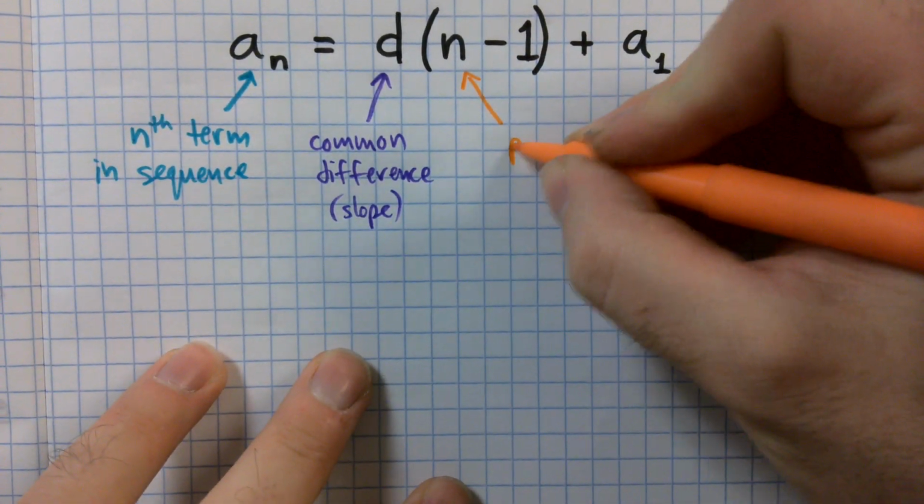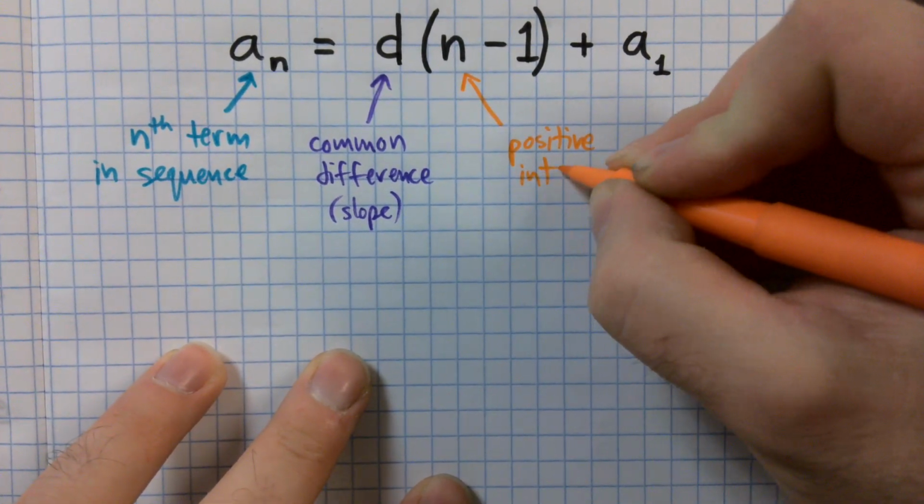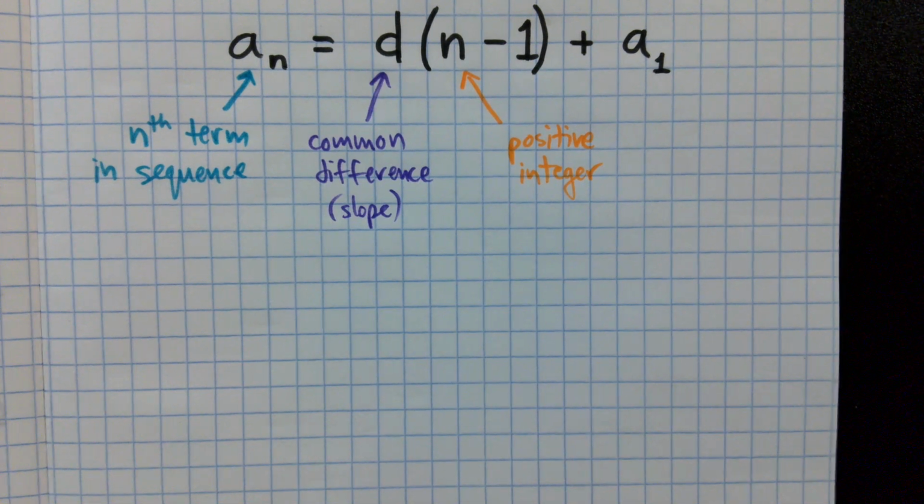N is some positive integer like I said, if you were asked to find the 10th term in the sequence, then n would be the positive integer 10.